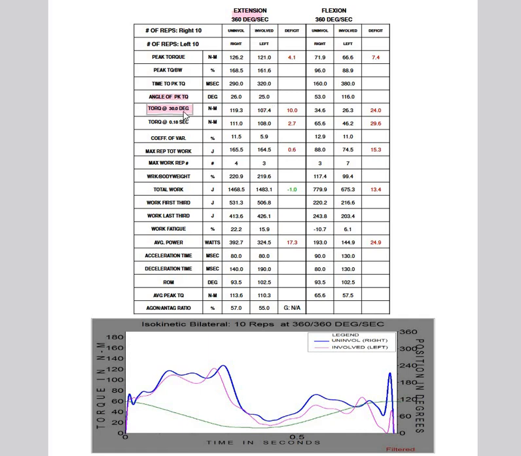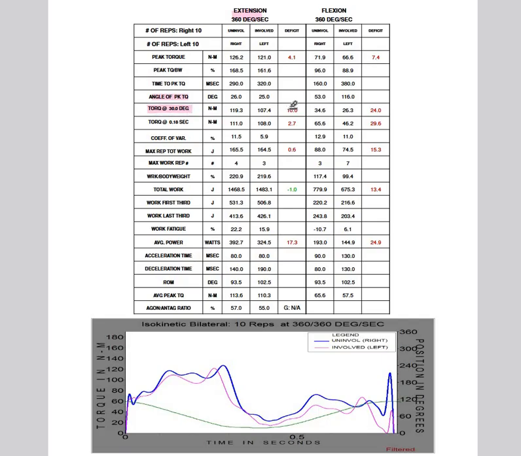And because this is a dynamic value in terms of relating it to running, you are going to want to pay more attention to this value at higher angular velocities, so the 360 degrees per second. However, for the relevance to patellofemoral pain syndrome, you are going to be more interested in this value at lower angular velocities, so nearer the 60 degrees per second test.